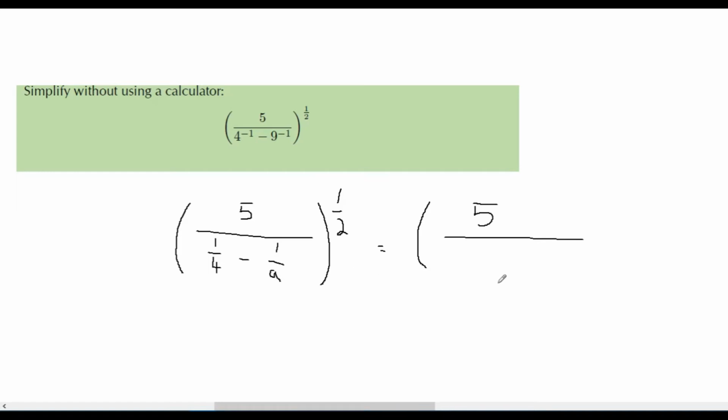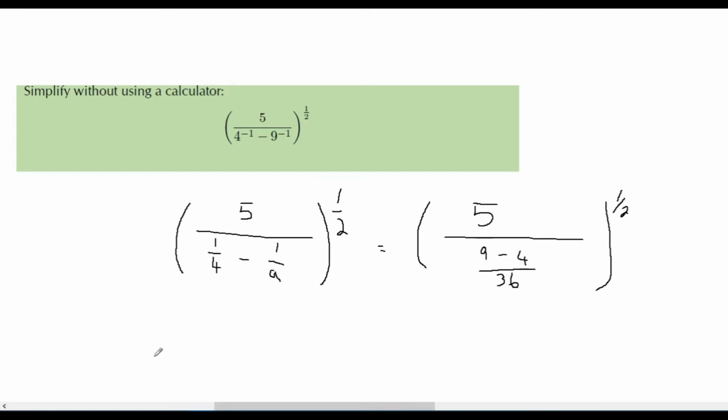So to get 4 to 36, we multiply it by 9. And then the negative over there stays there, and then this becomes 4 to the power of half, and then 5 minus 4 is 5.